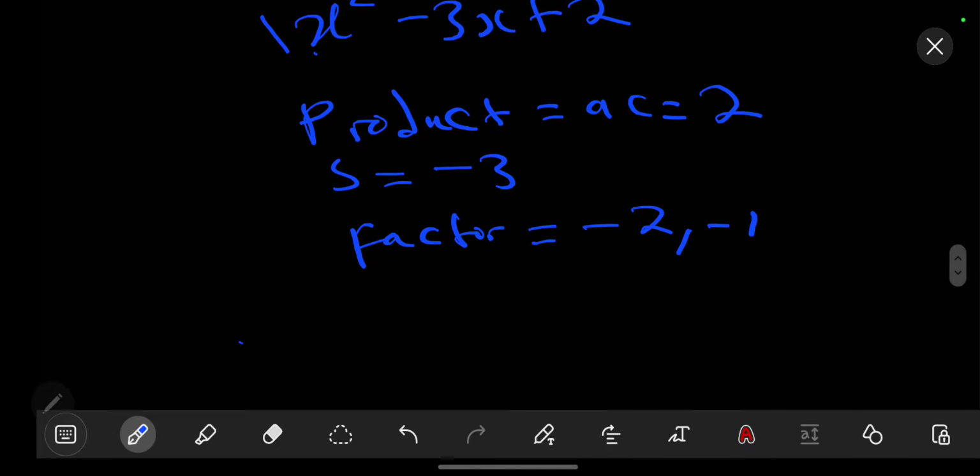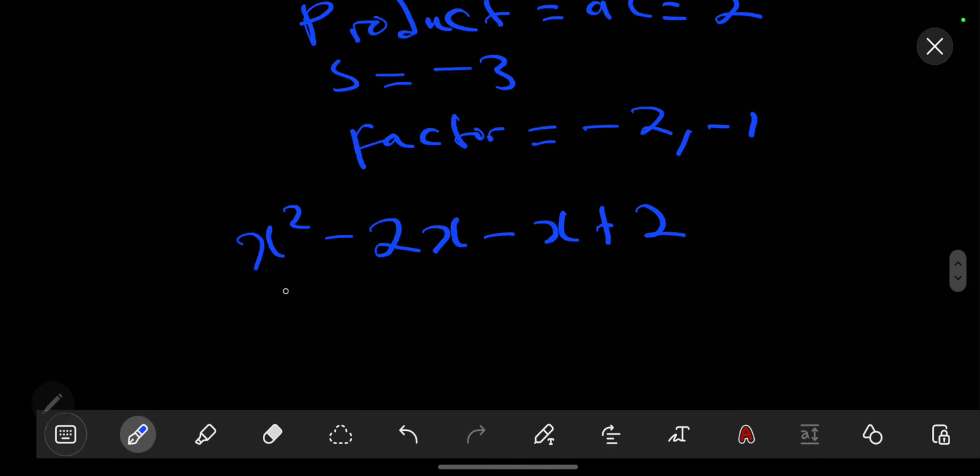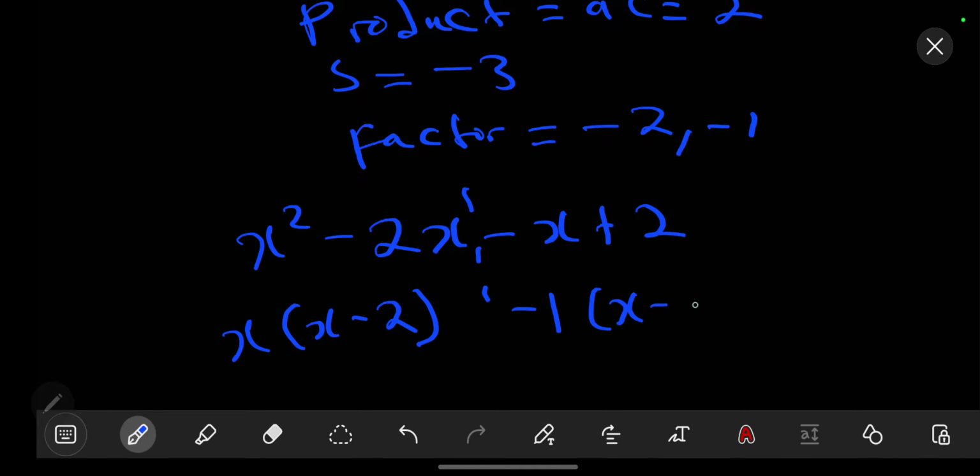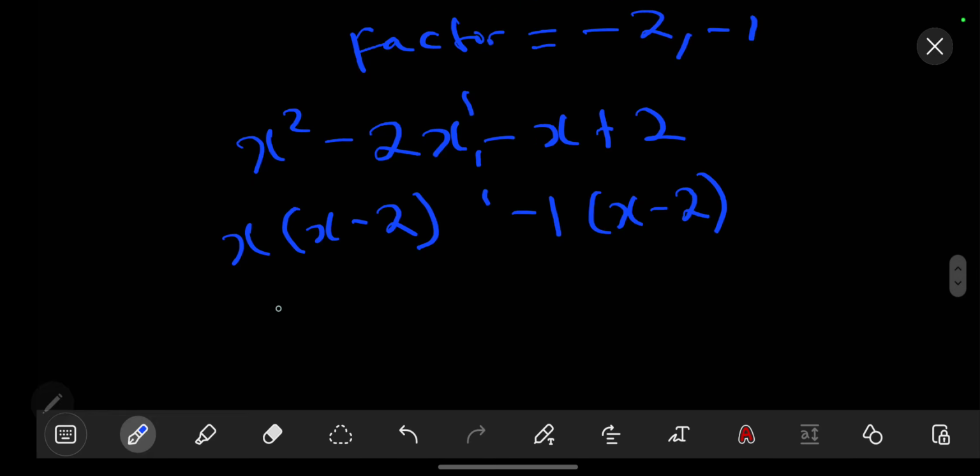So these are our factors, so we can replace x squared minus, we have 2x minus x plus our 2. So we are going to get factorizing in parts. So we have our x minus 2 and -1, x minus 2, like that. So we have our x minus 2 and our x minus 1, like that.